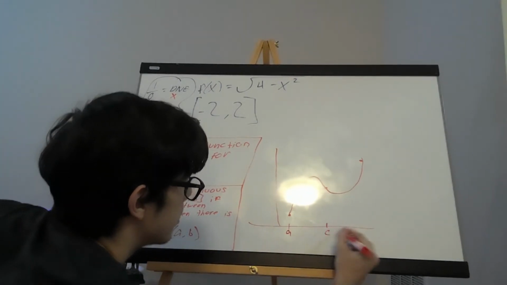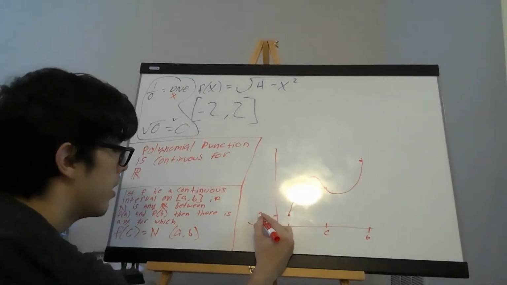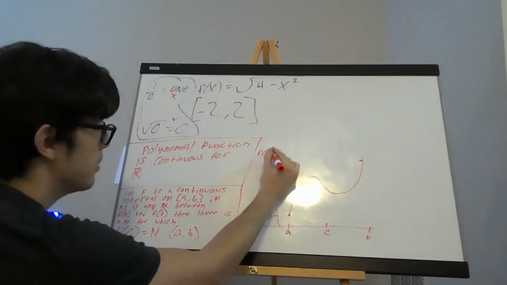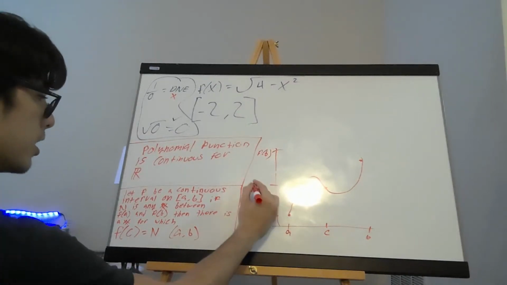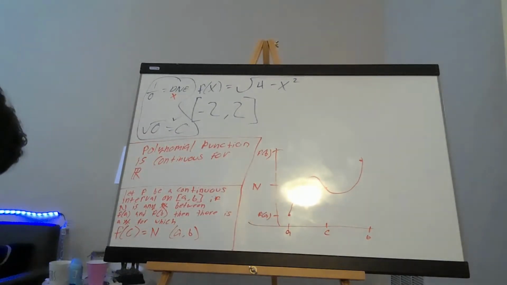A, c, b, f of a, f of b, n. So for this graph, n is a value between f of a and f of b.